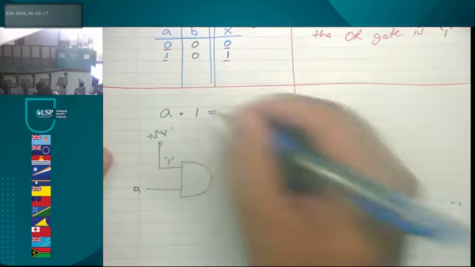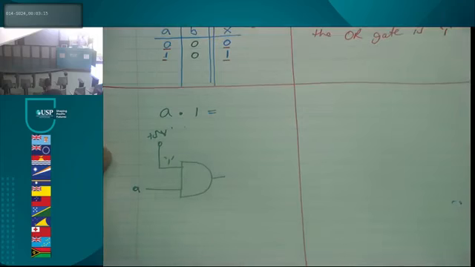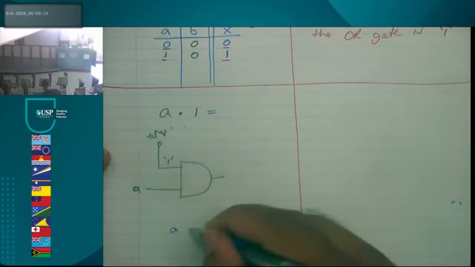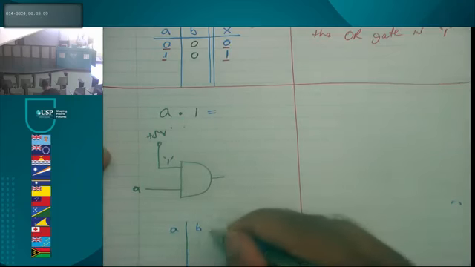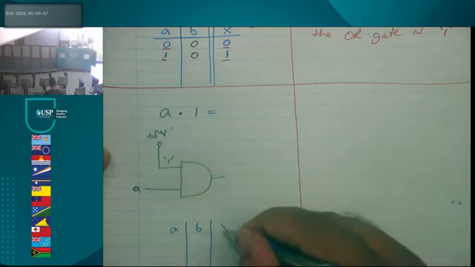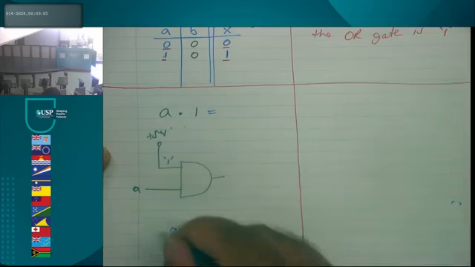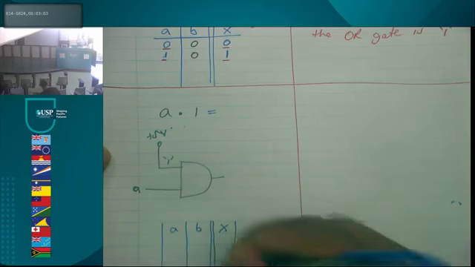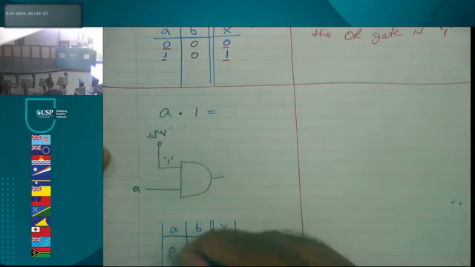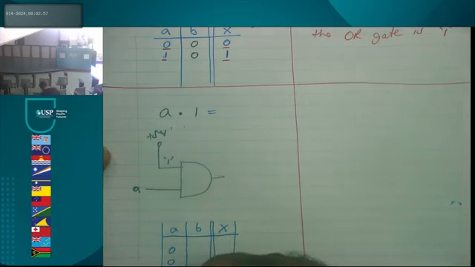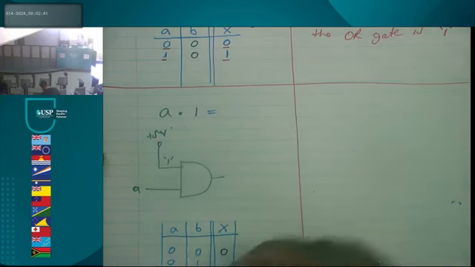Well, let's have a look at the truth table for the AND gate. 0 and 0 is giving you 0. 0 and 1, 0. 1 and 0, 0. 1 and 1, 1.